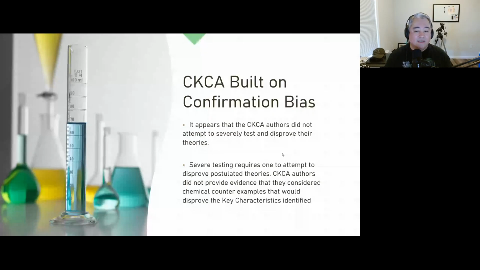So what do I mean by this? What I mean is they were choosing examples that they know are carcinogens, that they believe are carcinogens, and examples that they believe are endocrine disrupting chemicals. And they're using those examples to then come up with these 10 key characteristics.